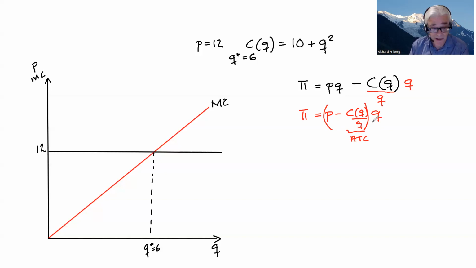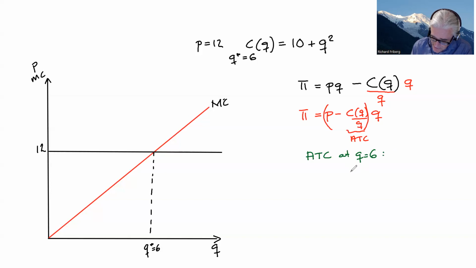Okay, and we can use that in the figure here. So let's maybe switch color again to green. So what's average total cost at Q equals 6? The average total cost will depend on where we evaluate it.